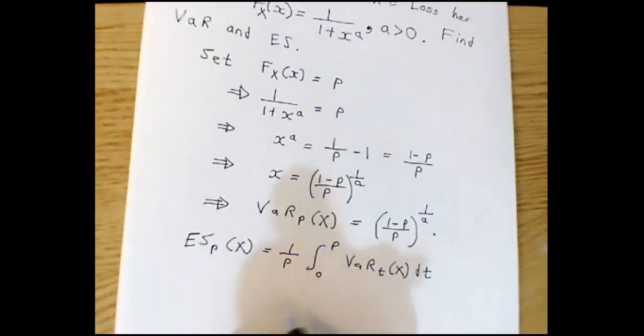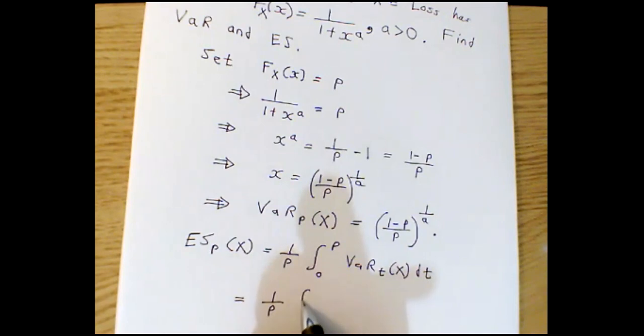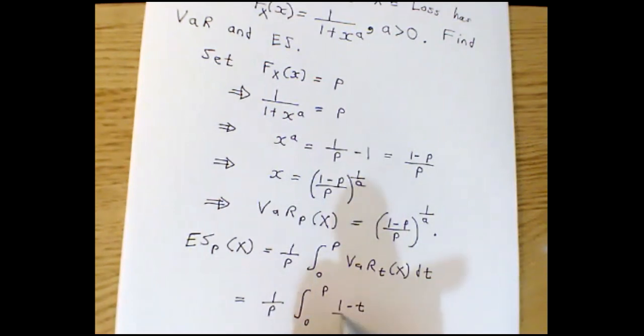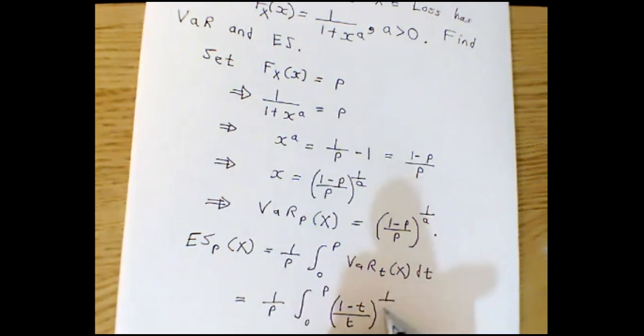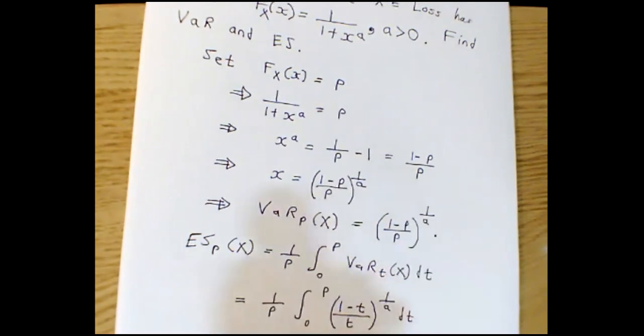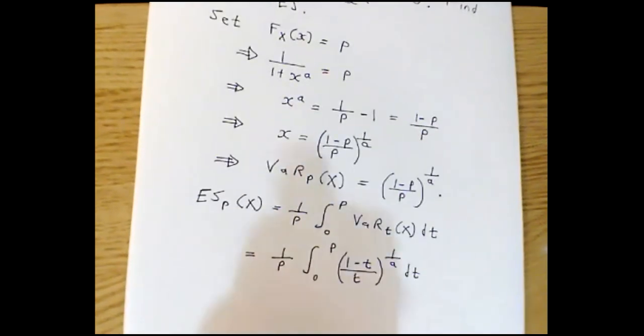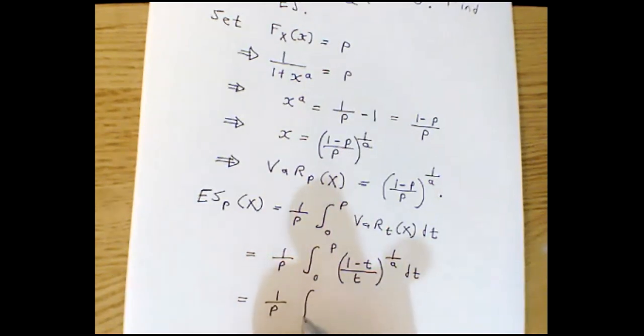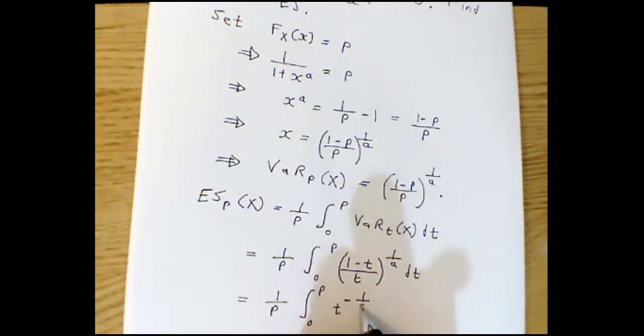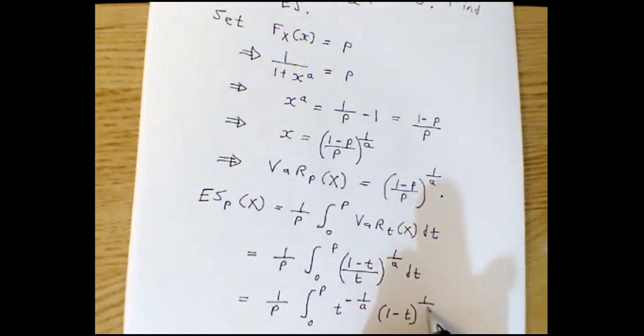Okay, so using this formula, you will get, all right. Now this you can write as 1 over p times the integral t to the power this, 1 minus t power this, dt.